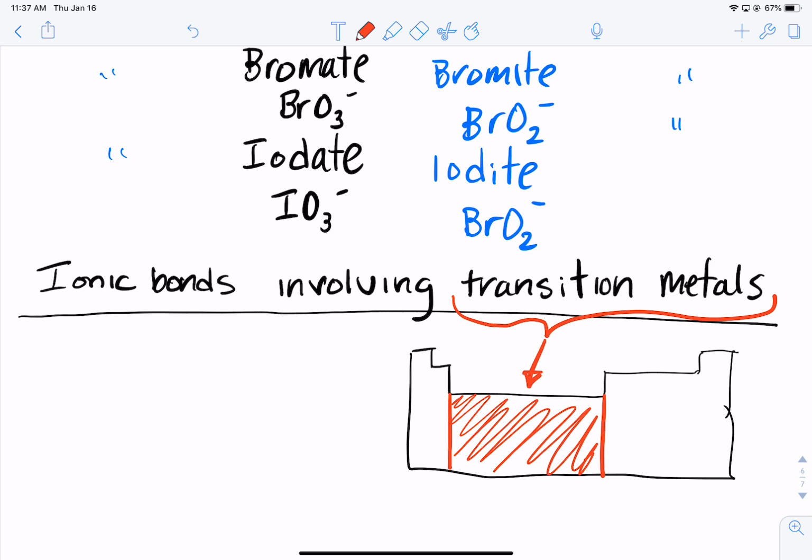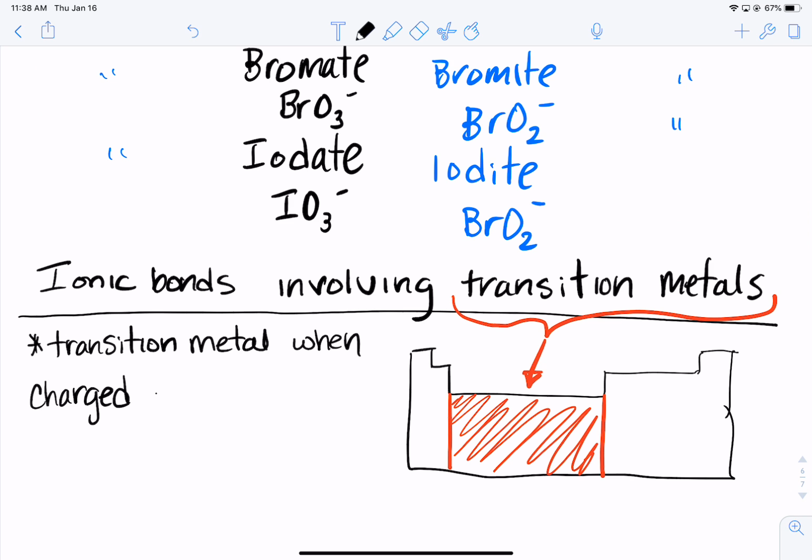So that's what we identify as transition metals. A couple things about them. Transition metals, when charged, are always cations.